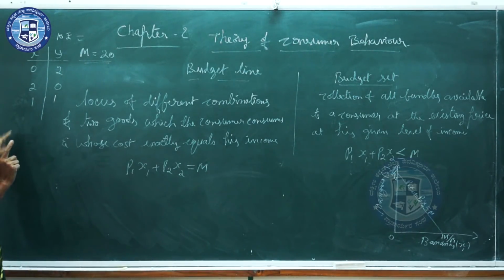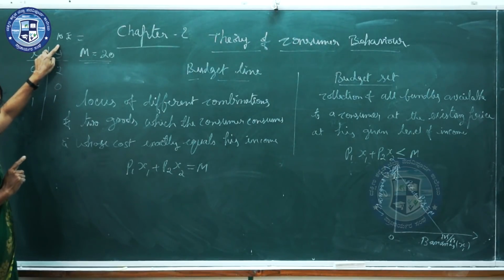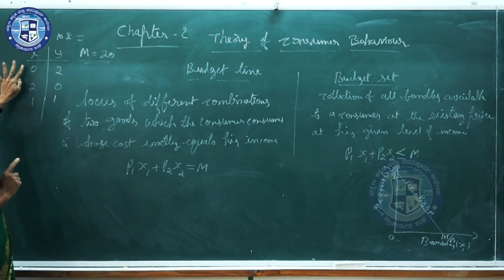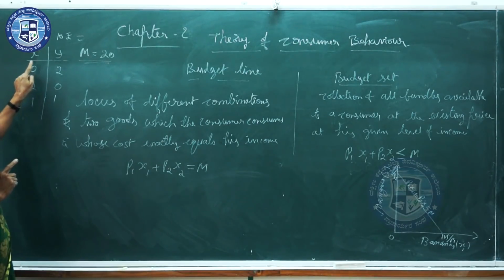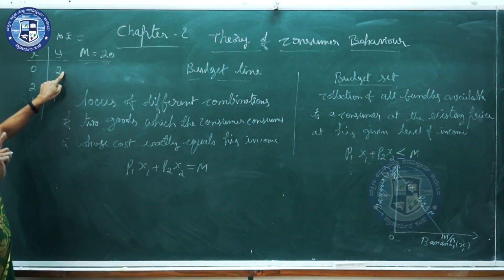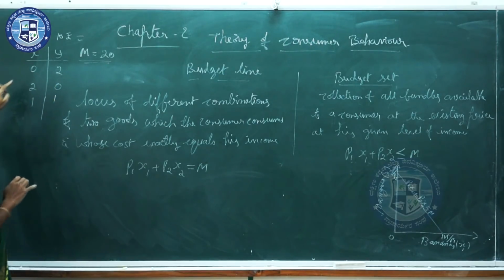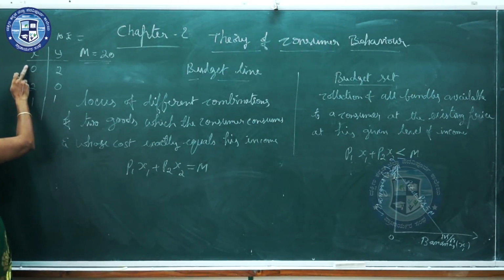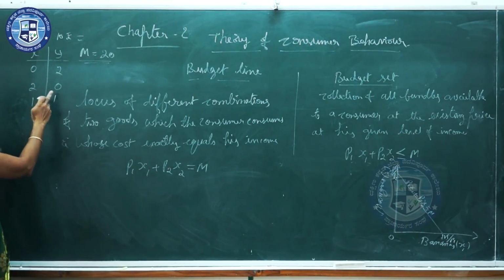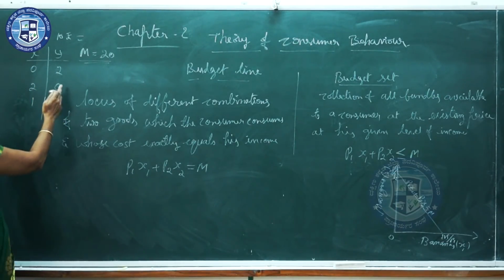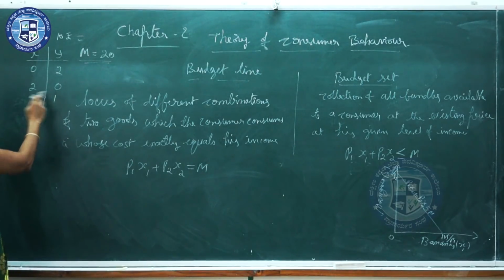So the cost is equal to his income, cost is equal to M. Then he can purchase two units of commodity X and there is no money left to purchase commodity Y, so here I have written 0. This is one of the combinations.